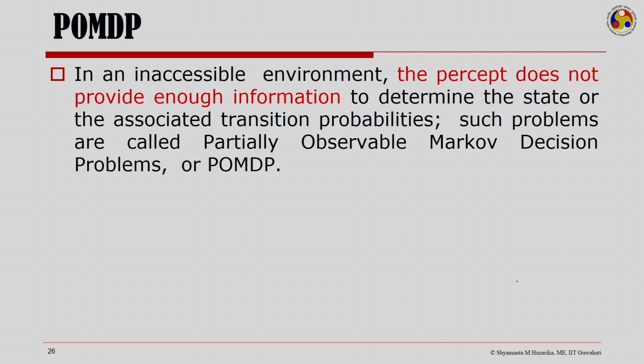Now, so far we were talking of an accessible environment. In an inaccessible environment, the percept does not provide enough information to determine the state or the associated transition probabilities. Such problems are called partially observable Markov decision problems.